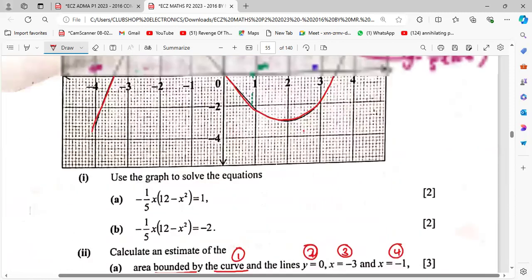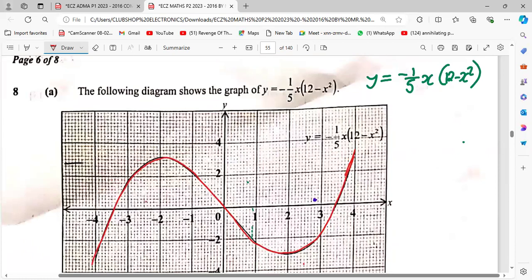Which equation represents y is equal to 0? You remember what we did last time? Is it the x-axis or y-axis?